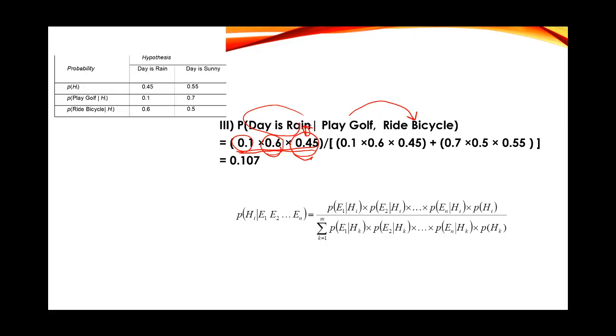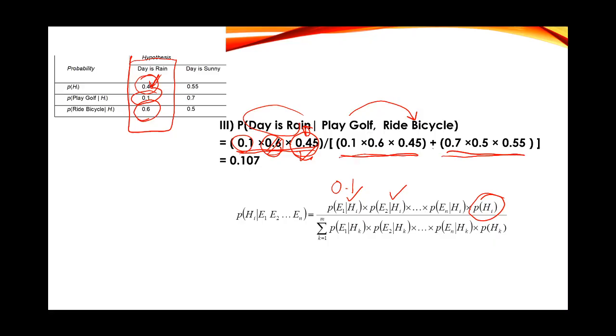So this is the formula P(E1|H) P(E2|H) until P(En|H) times the hypothesis. Since we would like to see days raining, we have to take a look at the evidence of play golf, 0.1, times the probability of evidence ride bicycle, 0.6, times the probability of our hypothesis of day is rain, 0.45, over event occur and does not occur.